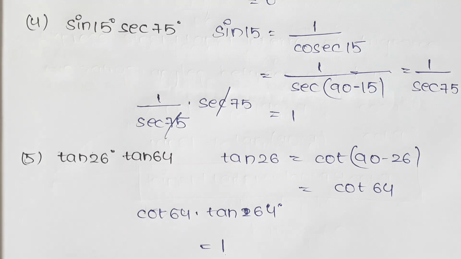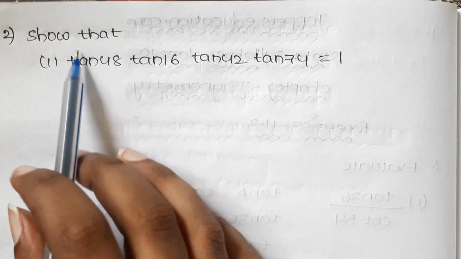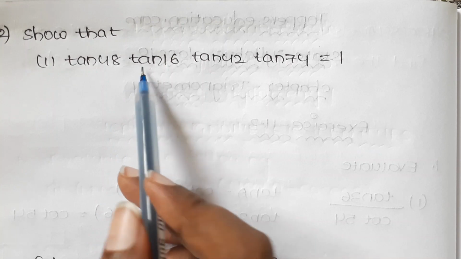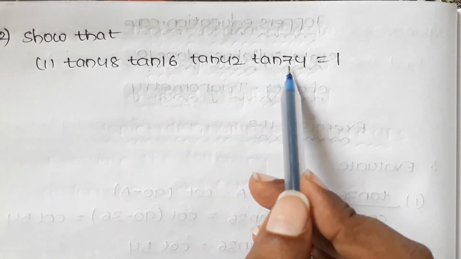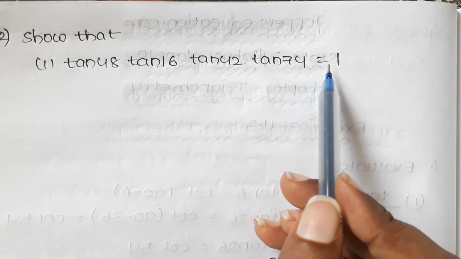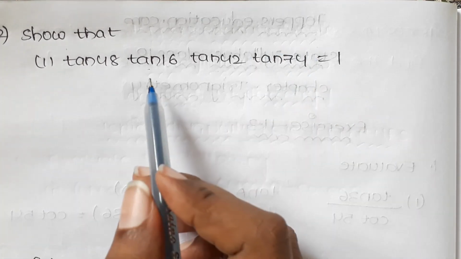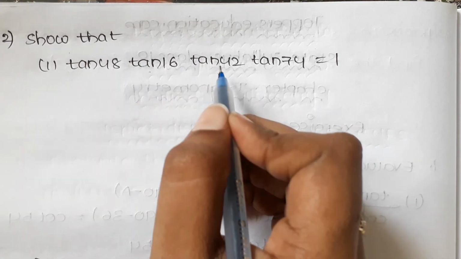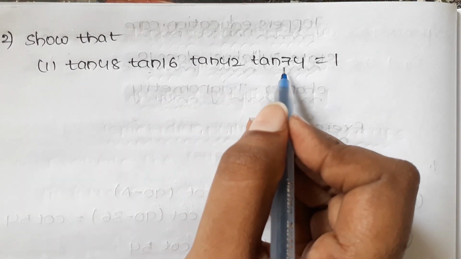And now let us see the second one. Here is the second question, that is, show that tan 48 tan 16 tan 42 tan 74 is equal to 1. Now let us take the LHS, that is tan 48 into tan 16 into tan 42 into tan 74.